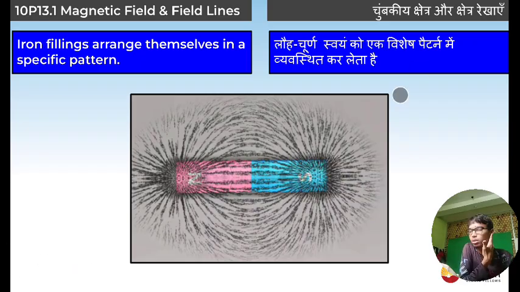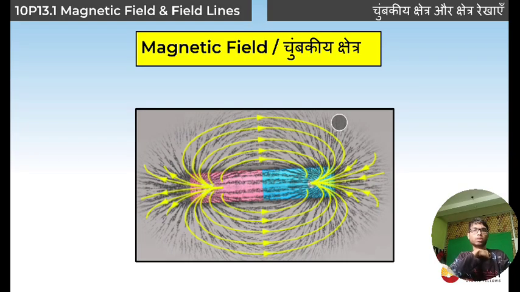If you put another magnetic material far away, where the distance is more, then that magnetic material will not be attracted by this. So it looks like that. This is the pattern of a magnetic field.